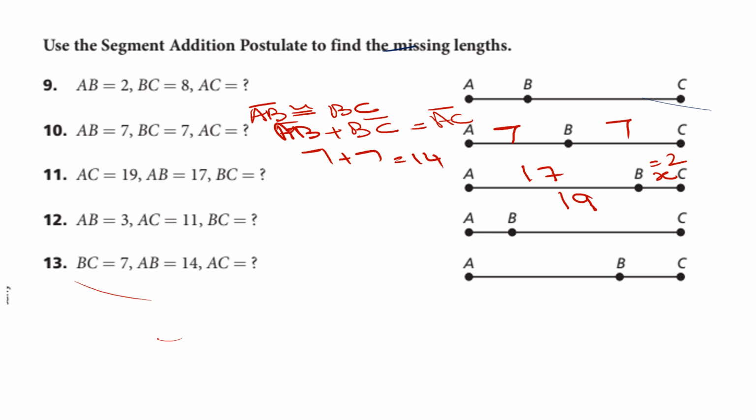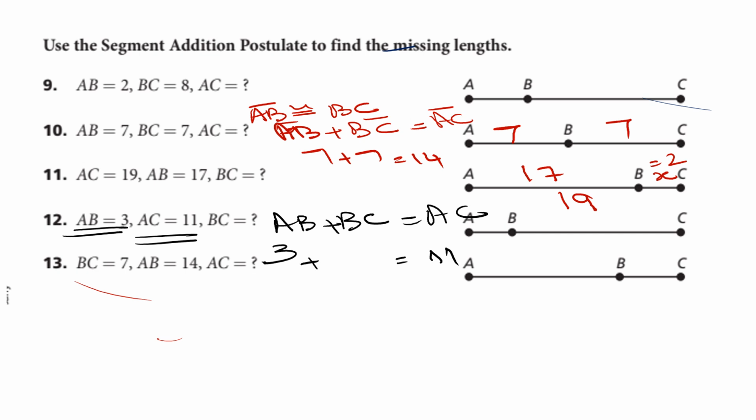Okay, number 12. So again, AB plus BC equals AC. What is AB? AB is 3. What is AC? AC is 11. And we have to find out the BC. So bring the 3 on the other side. 3 goes on the other side, it becomes negative 3. So BC equals 8.